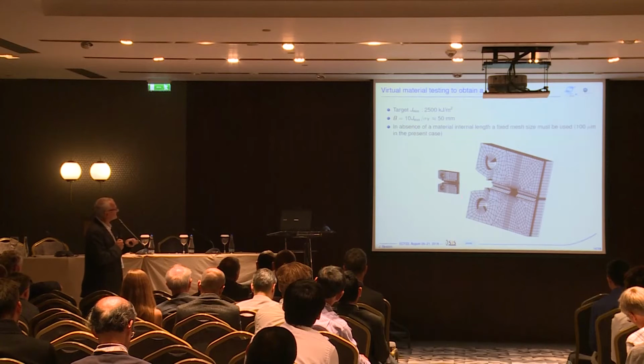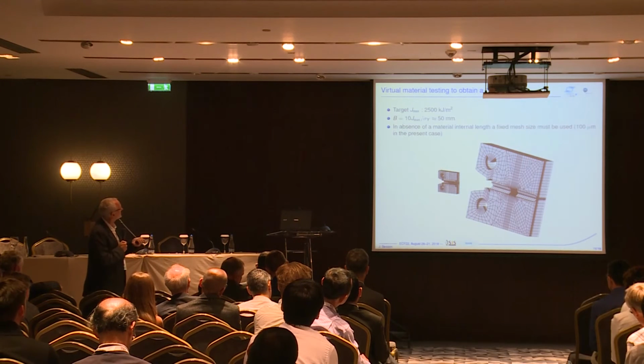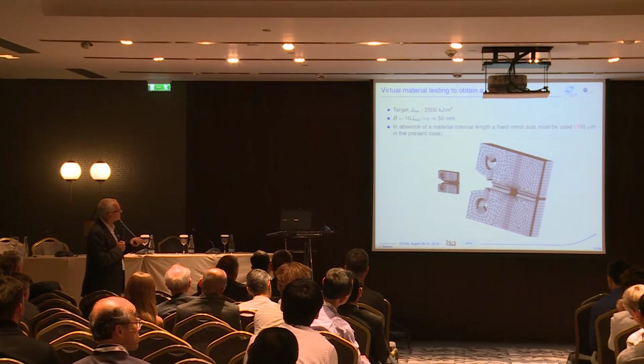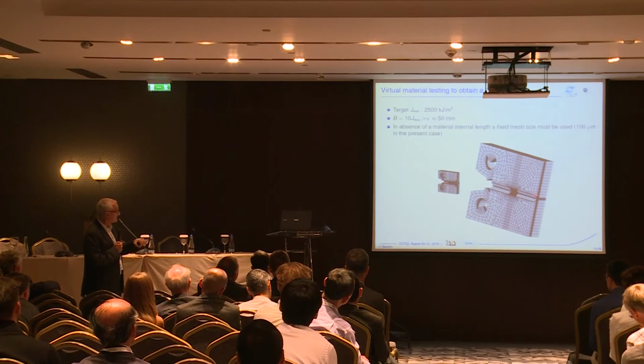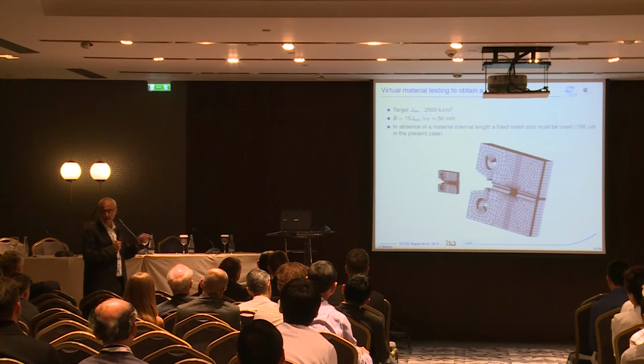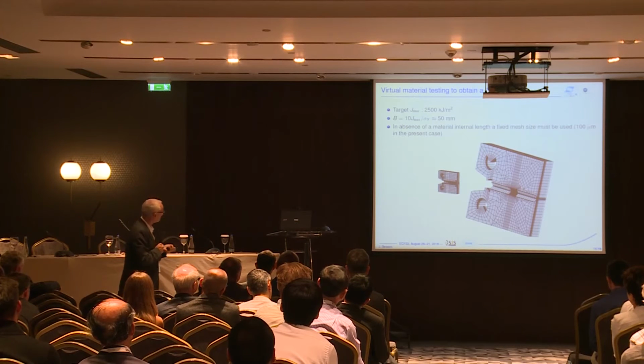By the way, it's difficult to do this calculation with such models. So the trick we use, which many of us use, is to use a fixed mesh size of 100 microns. So here basically you get much more elements than here. But in the region where the crack is going to propagate, you use this fixed mesh size.